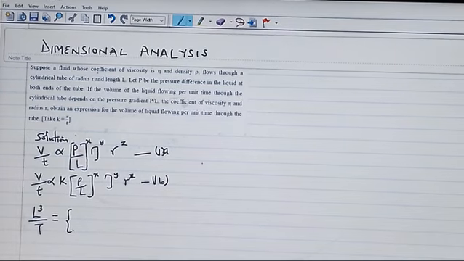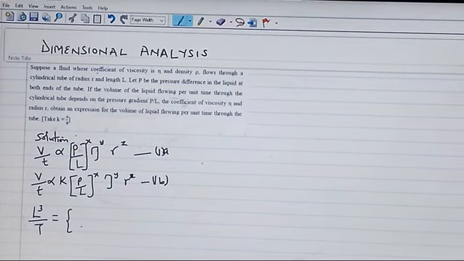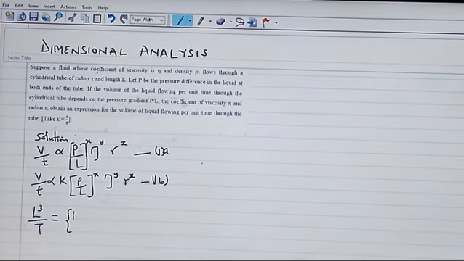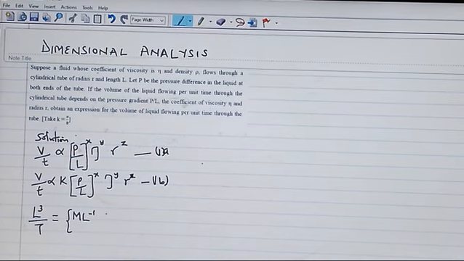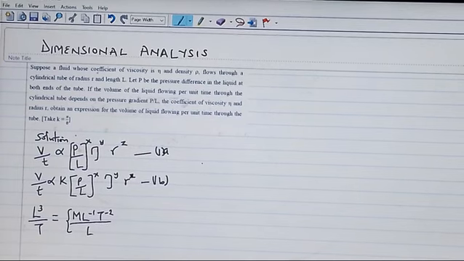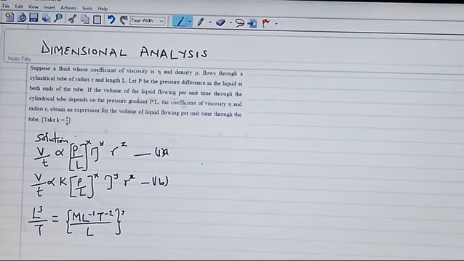Pressure is force over area, which is M L raised to power minus 1 T raised to power negative 2. That is for pressure. All over length L, all raised to power x.